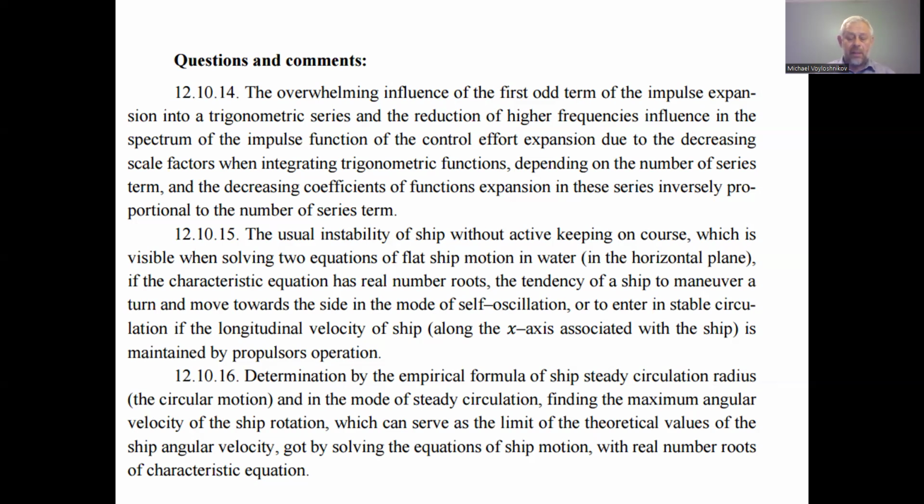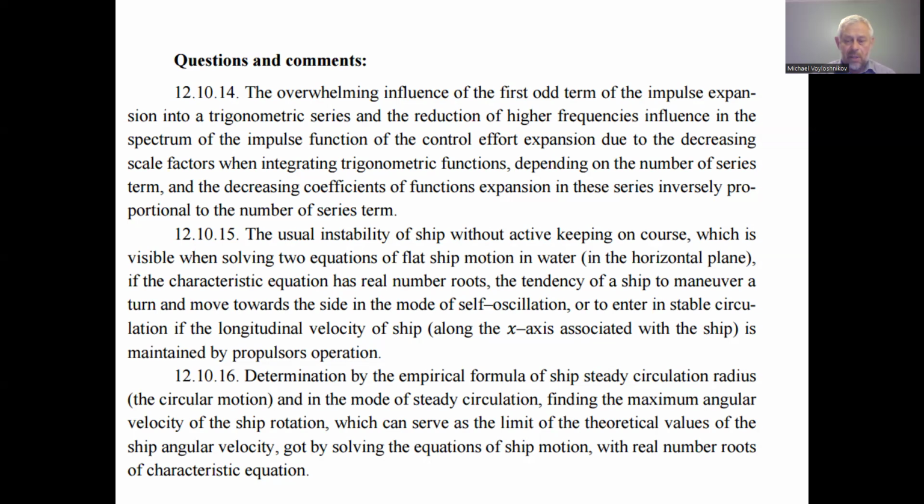Yes, the smoothness of the dependencies of the elements of the ship motion, like the angular velocities or translational displacements and velocities, on time is almost independent of the type of assignment of the control functions.